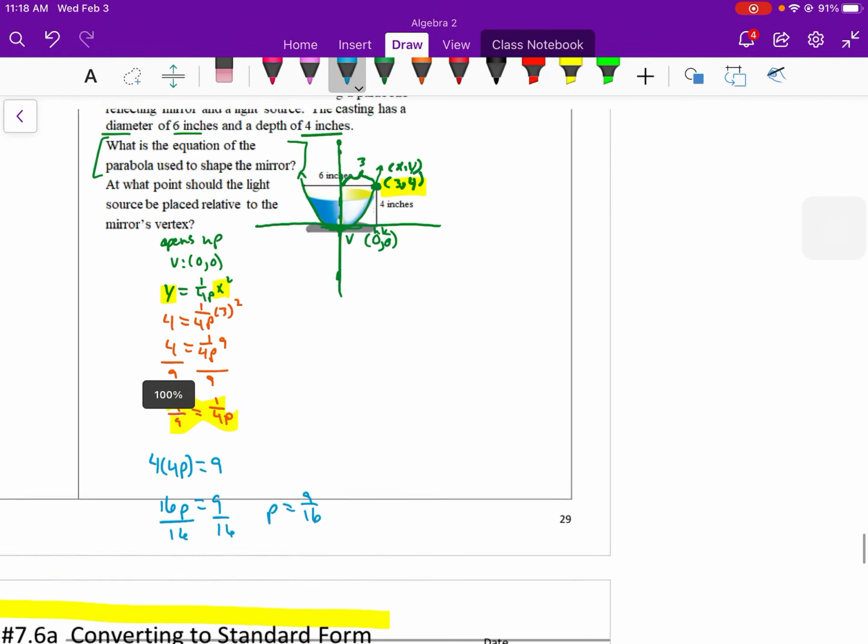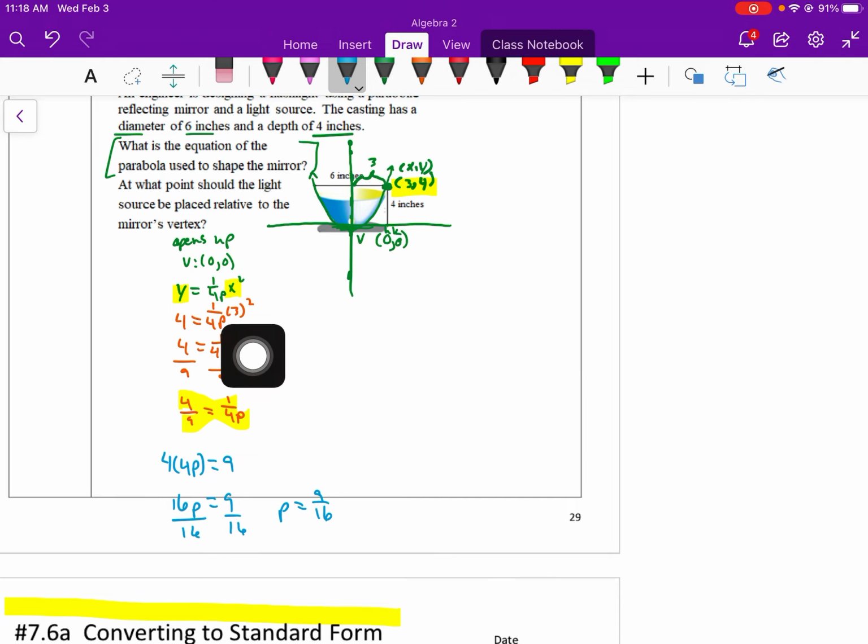Then we can plug p back into the standard form of the equation, and we can write that standard form. So we have y equals 1 over 4 times p, which was 9/16, x squared. So then we can simplify. So 4 over 16 reduces to 1 over 4. So y equals 1 over 9/4 x squared.